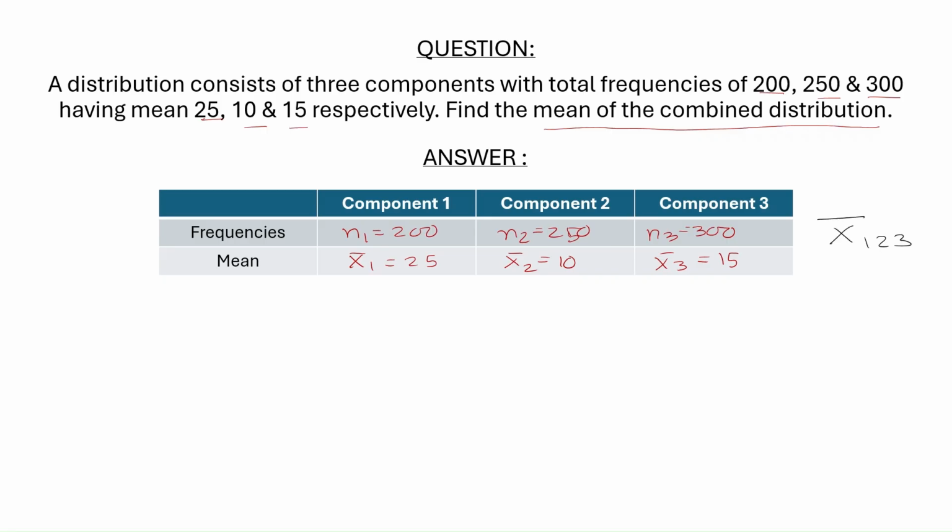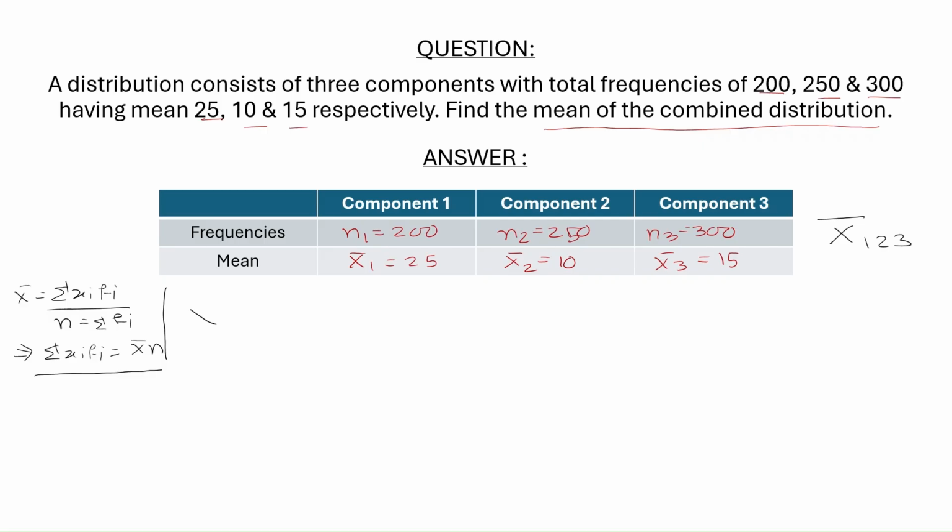We know the formula of mean x bar is equal to summation of xi fi divided by n, where n is summation of fi. This means that summation of xi fi is equal to x bar multiplied by n. We are going to use this to solve the question.